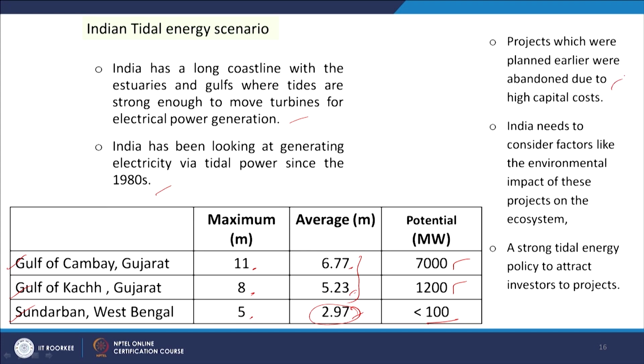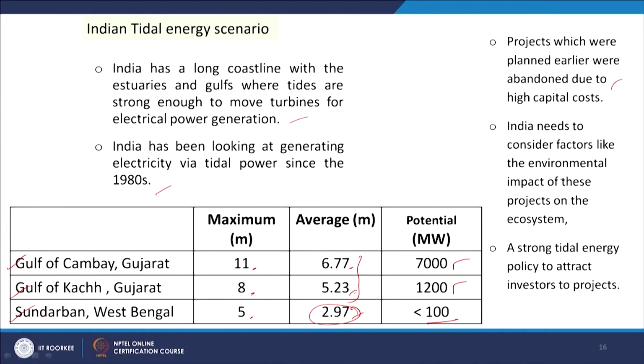The cost factor is one major issue for not getting success with this option for energy production, but India needs to consider factors like the environmental impact of these projects on the ecosystem and a strong tidal energy policy to attract investors. So, if cost effectiveness can be improved by research or some development, then this technology can be of interest in future.